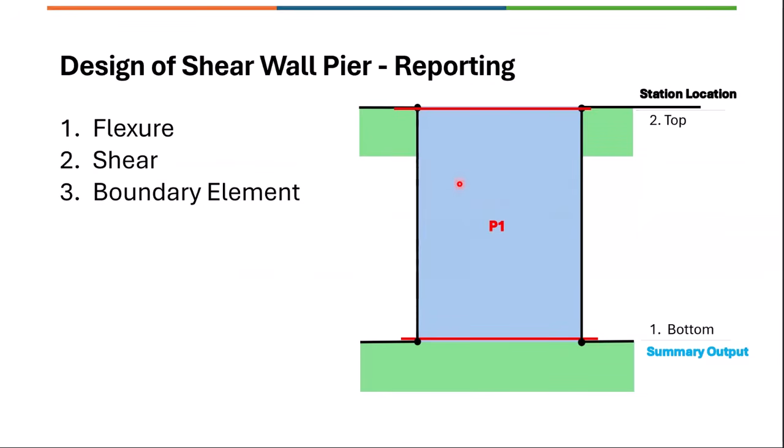Even if you have meshed walls, you can label each of the elements with P1. The program assembles this as one single pier, and the forces are obtained at two locations only, bottom and the top of that group or single element, and you're going to get an envelope summary for these two locations. If you want the variations along the height, then you'll have to mesh the wall and label those elements with different pier labels. In most cases, this should be sufficient. So I'm leaving it at that for now.